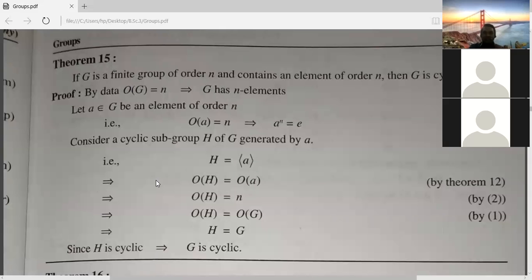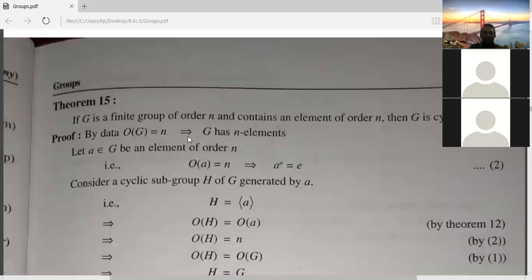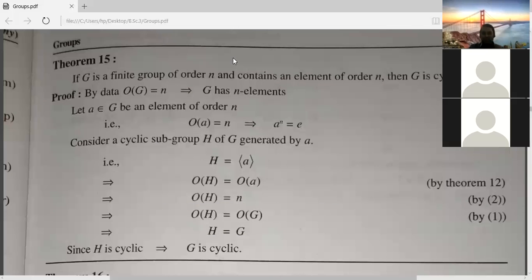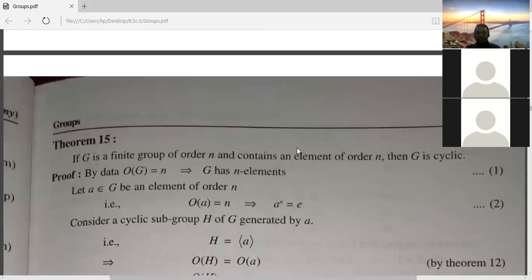If G is a finite group of order n and contains an element of order n, then G is cyclic.